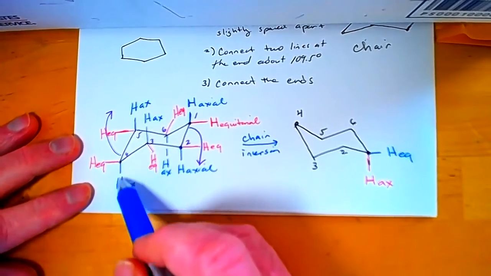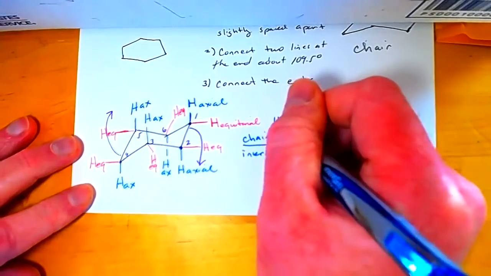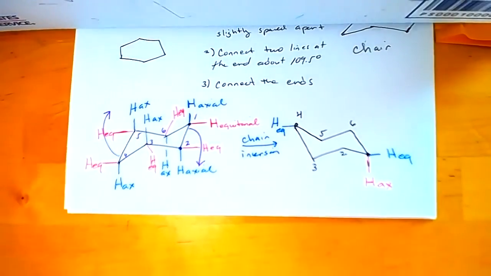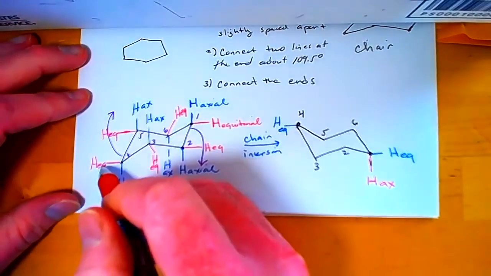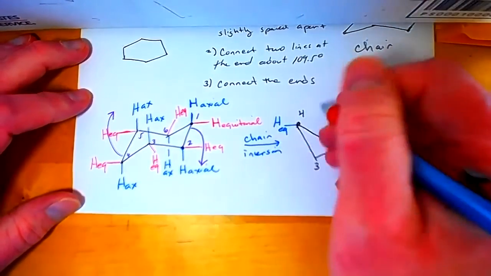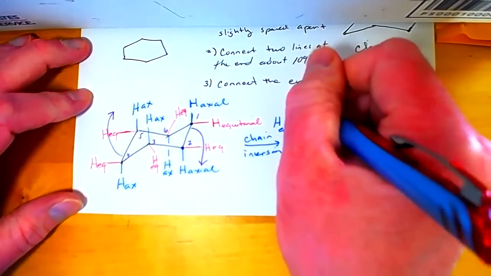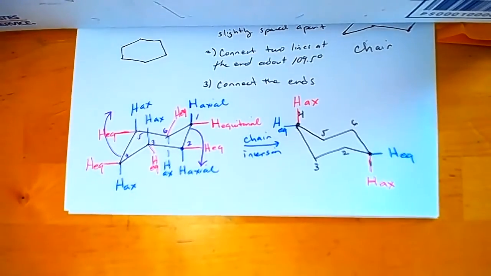Now, likewise, if you come over here to 4, you see the same thing that happened over there. That axial hydrogen that's pointing down is now going to be an equatorial hydrogen that's pointing down. And that equatorial hydrogen that was pointing up relative to that axial one is now going to be a hydrogen atom that's going to be pointing axial. So what does this mean?